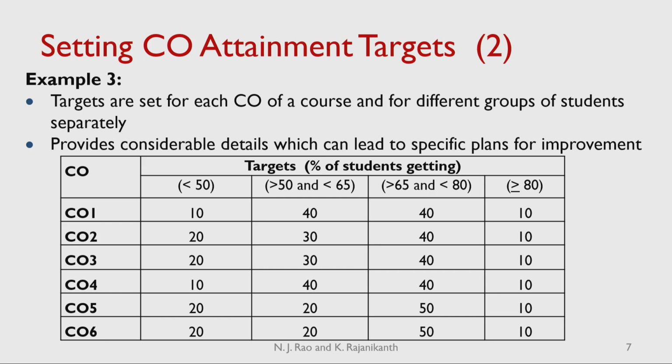For CO5 it is 20%. For CO6 it is 20%. All these percentages are within the category of the students scoring less than 50% marks. Similarly for other categories. Thus, this provides considerable details which can lead to specific plans for improvement. But this is fairly elaborate, and computation of the attainment values can become quite elaborate, complex and somewhat messy.